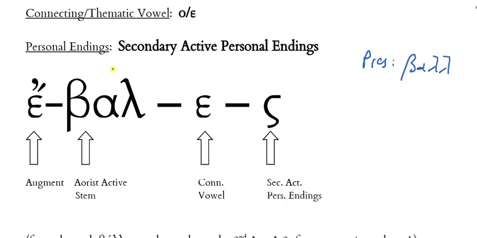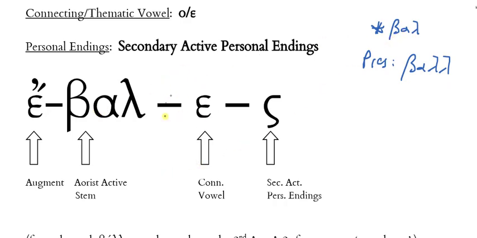Where did that single lambda come from? Is that a modification of the present stem? No. What is the real root of ballo? It's ball. Remember, the real root is a single lambda form, isn't it? The present stem has been derived from the root but modified, hasn't it? The aorist stem is from the root unmodified.